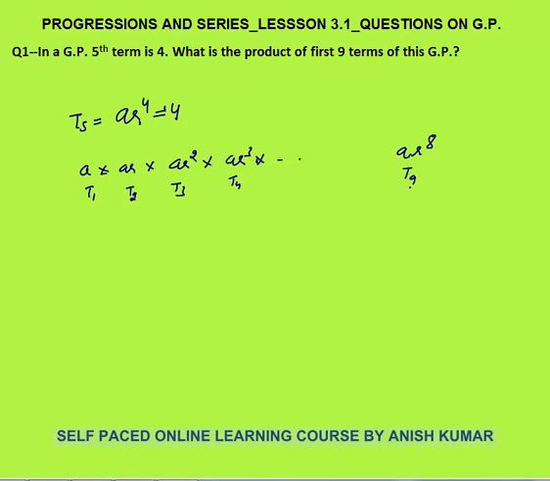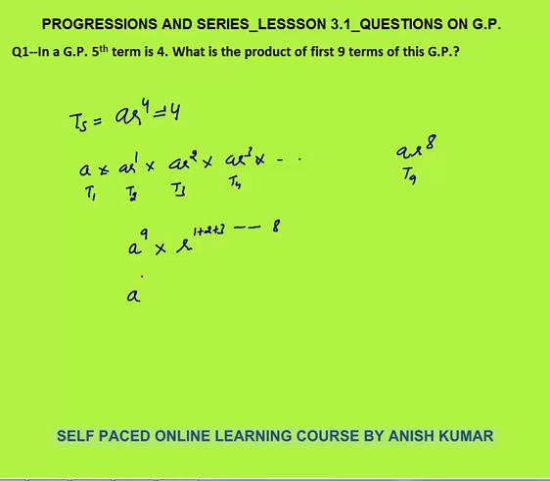Now we need to calculate the product. A will come how many times? There are 9 terms, so A is multiplied 9 times, so this will be A raised to power 9. What about R? R power starts from 1 up to 8. So R power is 1 plus 2 plus 3 up to 8.